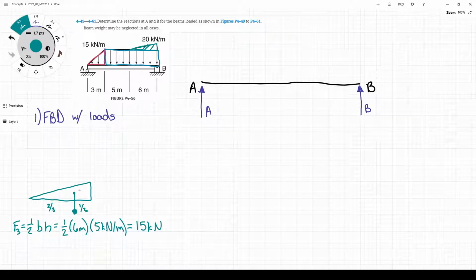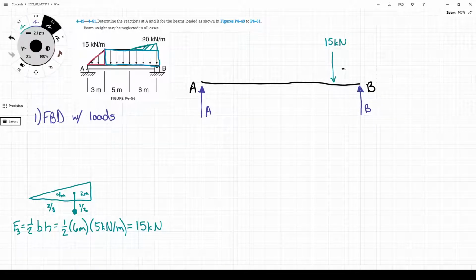So this distance will be 2 meters from the high side of the triangle, or 4 meters from the low side. So we can put this equivalent force of 15 kilonewtons 2 meters from this end of the beam, excuse me.